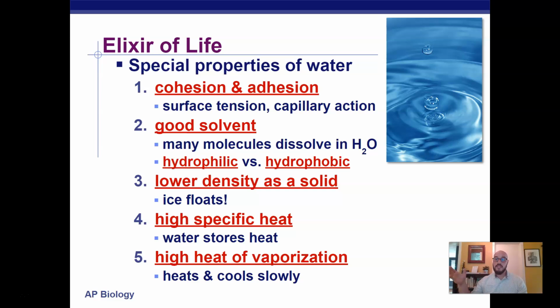So water, when it sticks to something else, it's going to be adhesive. All right, so those hydrogen bonds and that partial charge on both the hydrogen and the oxygen can allow it to also stick to other things. And when those two sticky properties, both cohesion and adhesion, come together, we call that capillary action, all right? And that's how our trees are going to work to get water to the top of our trees.